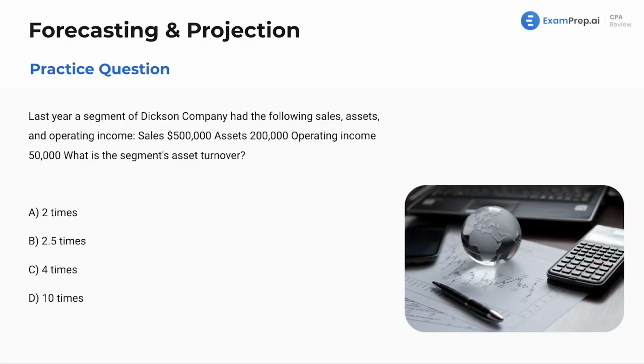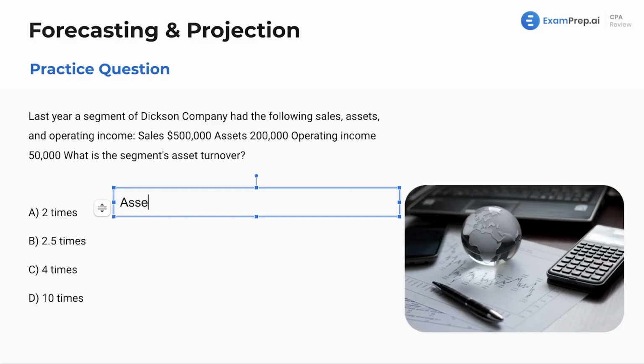Last year, a segment of Dixon Company had the following sales, assets, and operating income. We had sales of 500, assets of 200, operating income of 50. What is the segment's asset turnover? Well, just as we would with any question that specifically calls out a particular formula, I'm going to write this out.